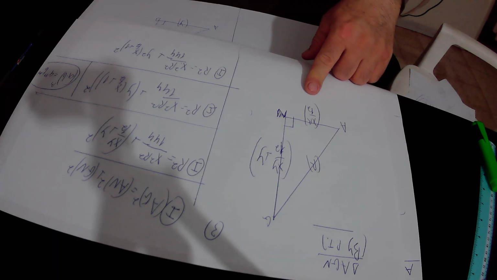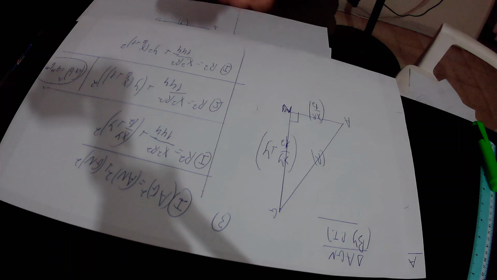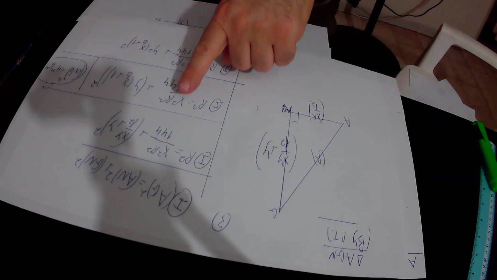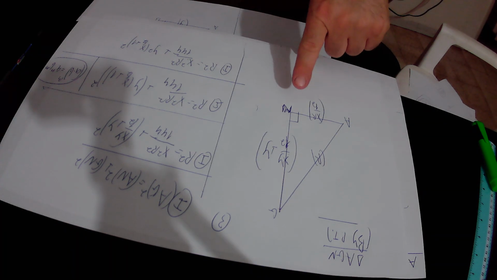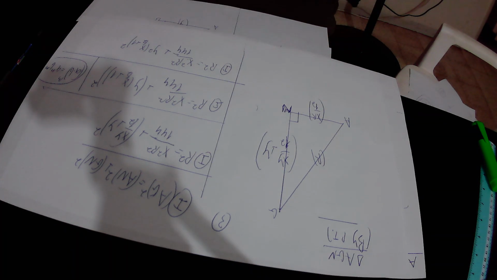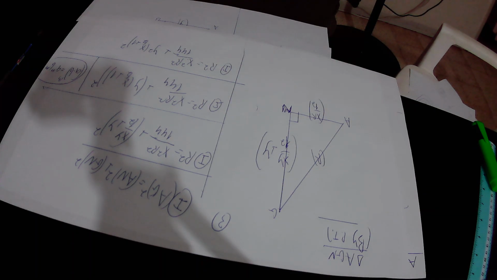GN equals xy over 12 plus y, therefore GN squared will be equal to (xy over 12 plus y) squared.